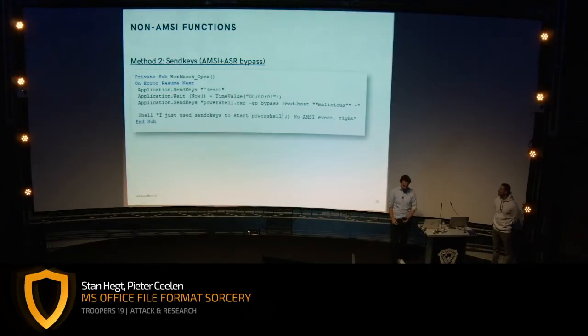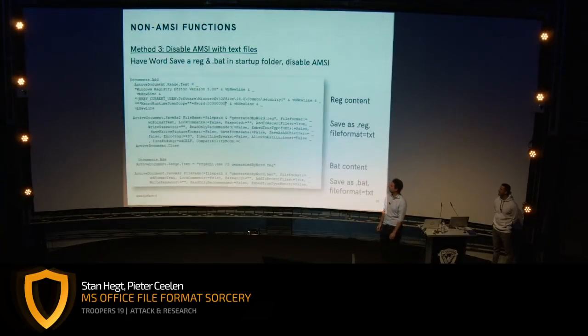And then the third approach is just to disable MZ. MZ is stored in our current user registry hive. Can we influence that hive without code execution? Yes, we can. We just drop it in the startup directory. We drop a reg key and a regedit command, or like a startup.bat file in the startup folder.